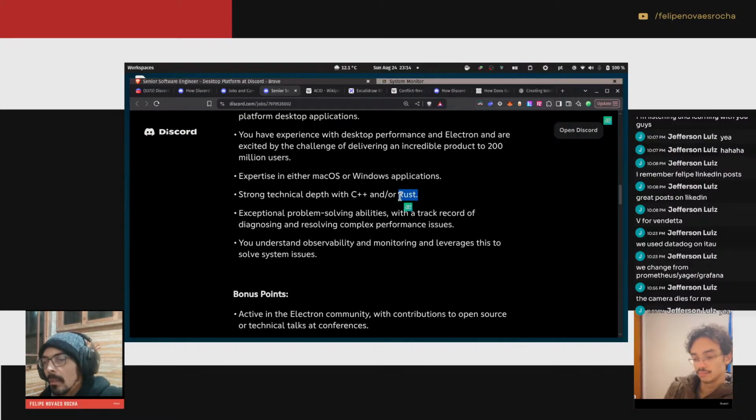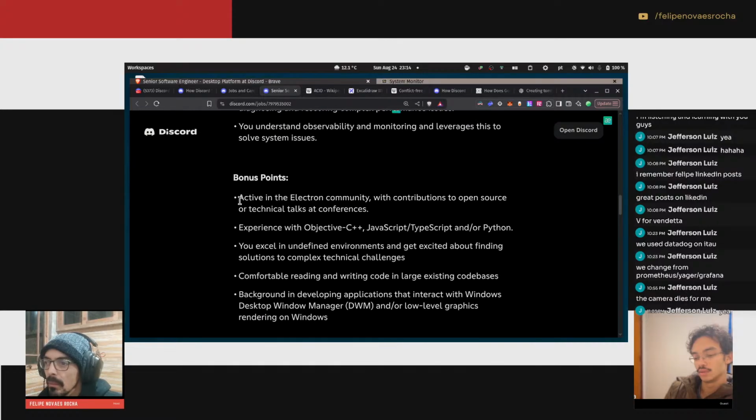So if I'm seeing Rust here, it means they are preparing to get out of Electron someday, to go to Tauri, maybe the same one I use in Cap. Because Electron is so slow, and in the future, if it keeps growing too much, they want to migrate. If they're writing some libs in Rust, they can easily change. I understand. Bonus experience in Objective-C++.